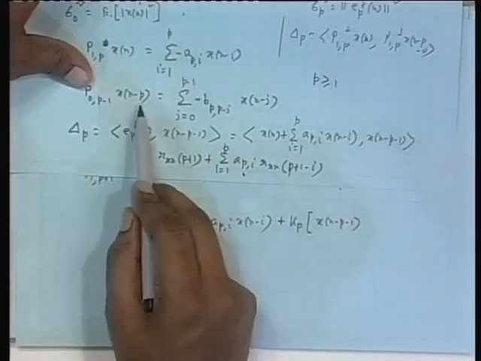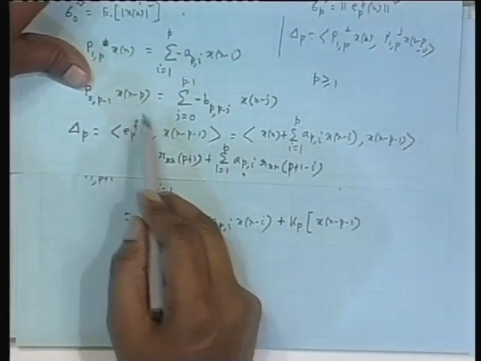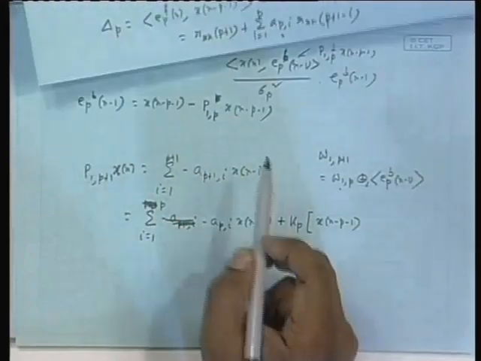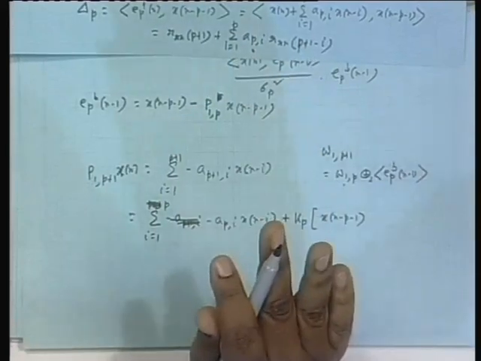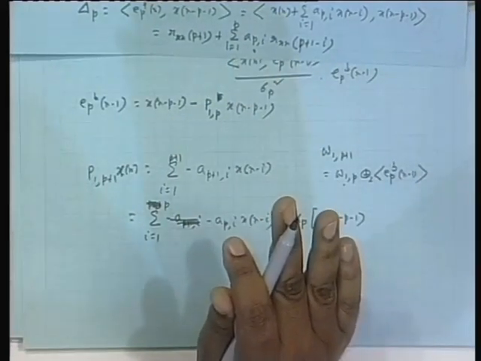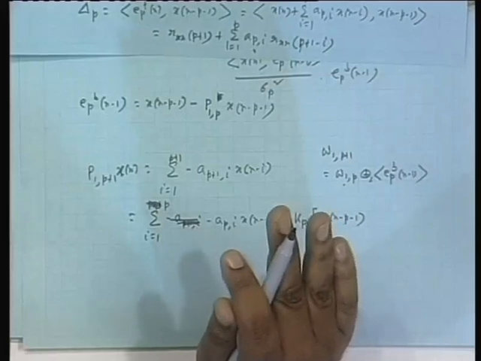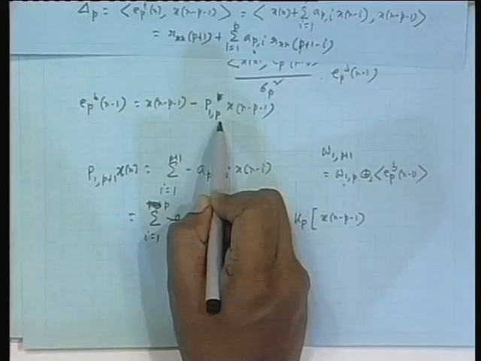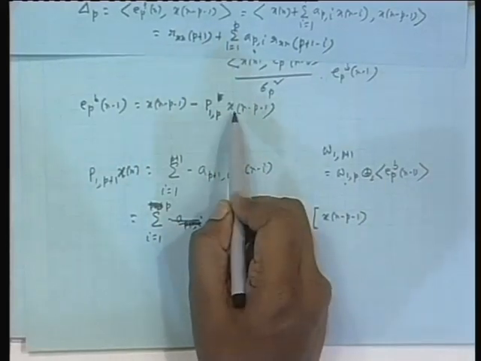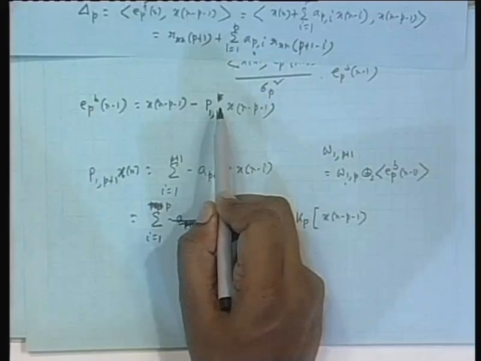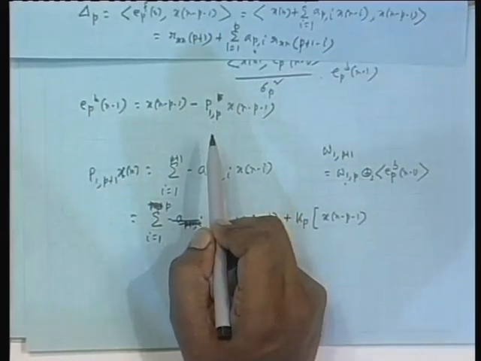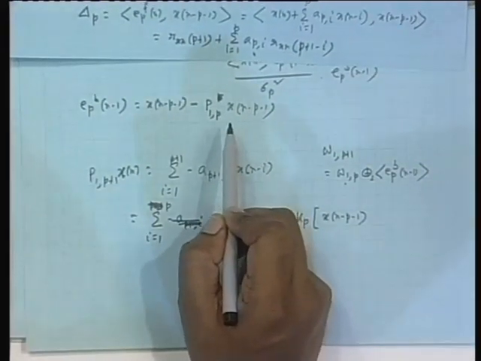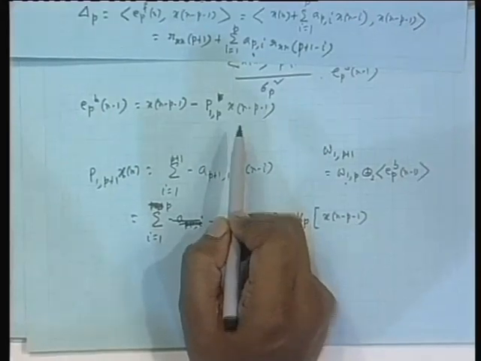Okay. Now, I told you these coefficients do not depend on time, whether it is n minus P or m or k or l, whatever, they do not depend on time. So, if I call n minus 1 as n prime, then it is again P 0 comma P minus 1, isn't it? That is, I am projecting x n prime minus P on the space spanned by x n prime minus 1, n prime minus 2, dot dot dot n prime minus P plus 1, isn't it?